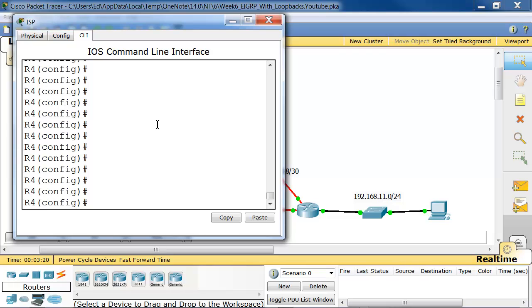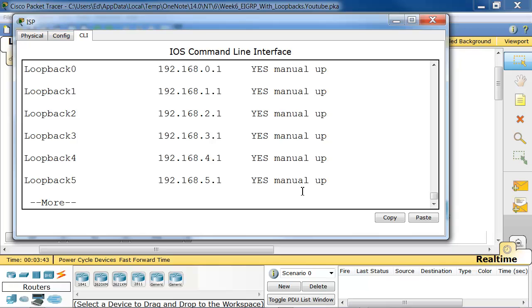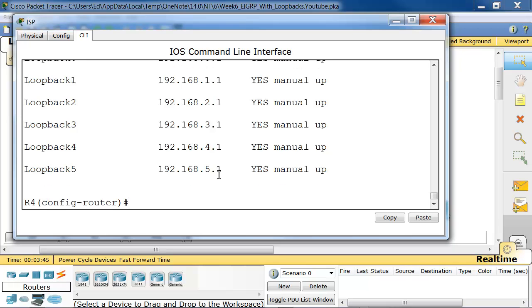And what I'll do is go into this router here, and we'll turn on router EIGRP. And what I'll do is just enable all of the 192 interfaces. Oh, and by the way, you can see the show command output. There they are right there. There's all those loopbacks I was telling you about.